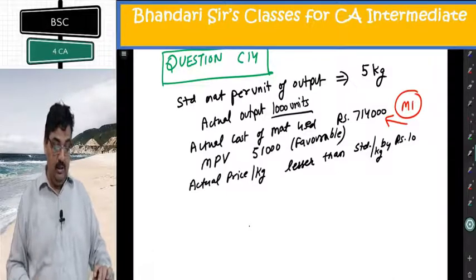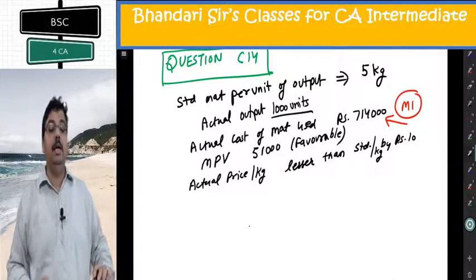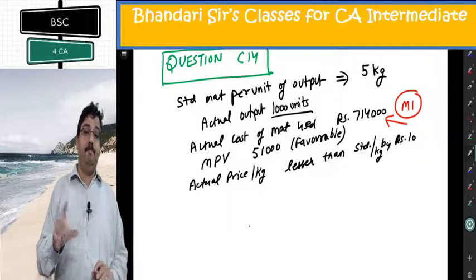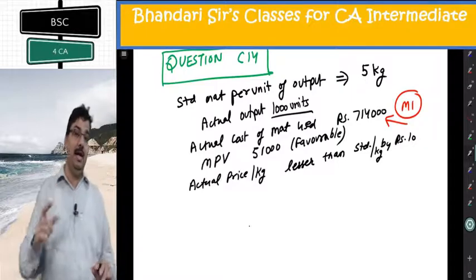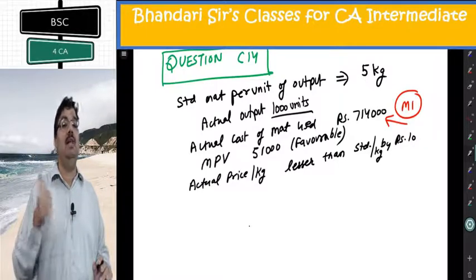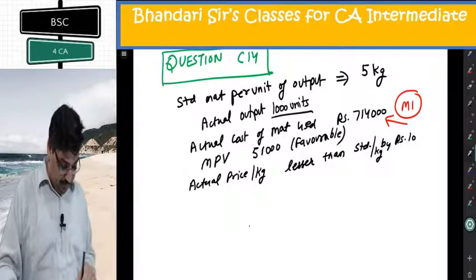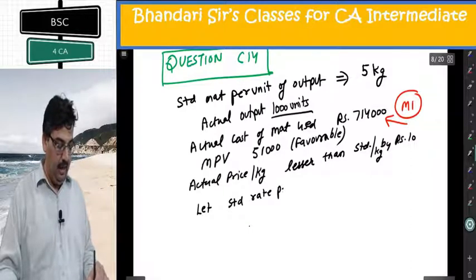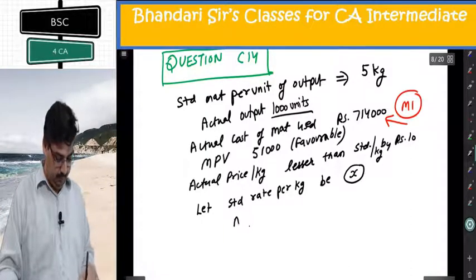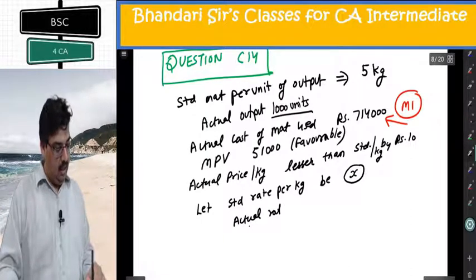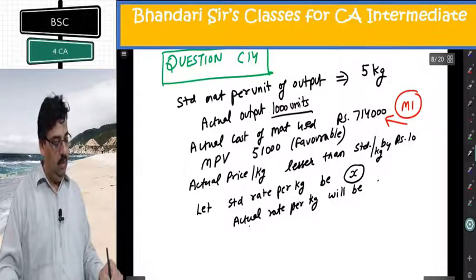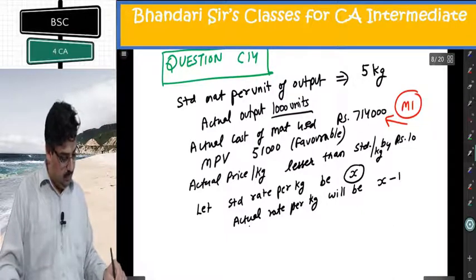Now actual price per kg is lesser than standard by rupees 10. That is why price variance is favorable, because you are getting material cheaper than standard rate. So let standard rate per kg be X, actual rate per kg will be X minus 10.